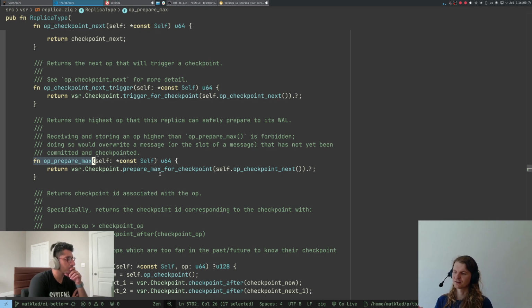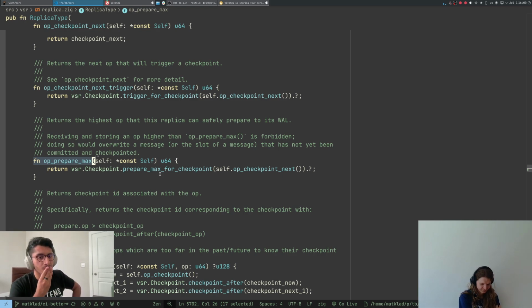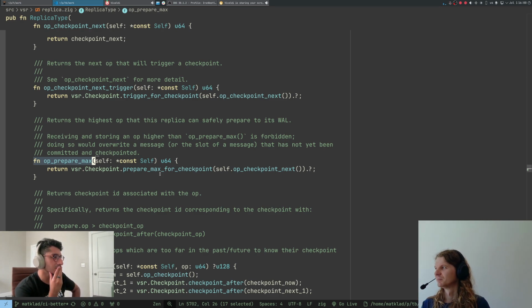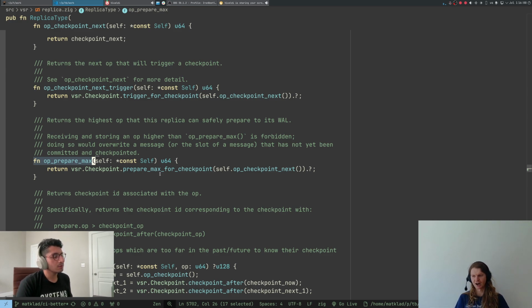For this new thing, I'm not super sure. There might be some tricky cases where you execute normally, you collect a bunch of pings, you realize that you can advance your prepare max because those 5 other replicas are on a new checkpoint, so you append some new prepare, and then you crash and restart.